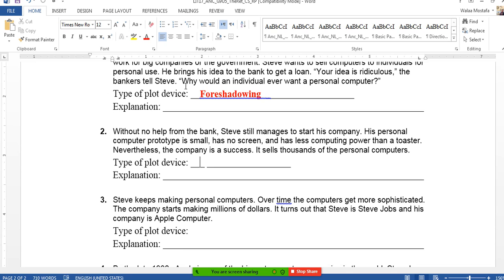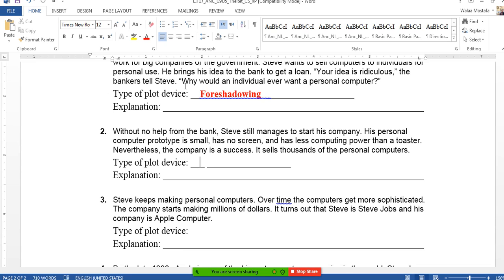Like in the first passage, he gave you a clue that Steve was a computer nerd. He gave you a clue that in this time no one was using computers in the whole country, except people who are working in the big companies or the government. The computer was not used by individuals during this time. So this means that all the people will find it a ridiculous idea, and they will refuse it, like the bank did.